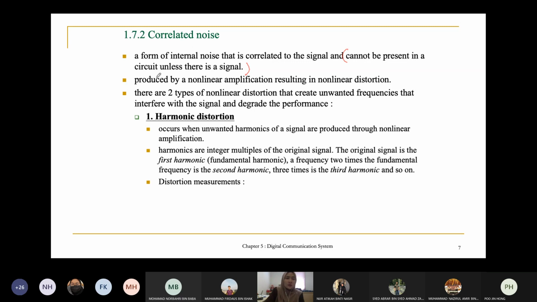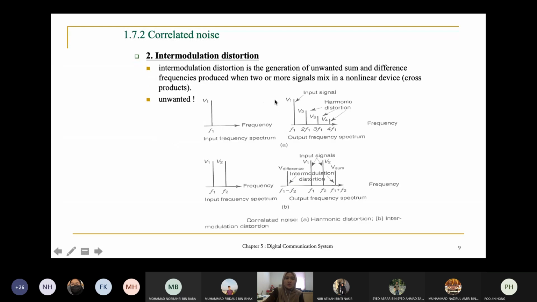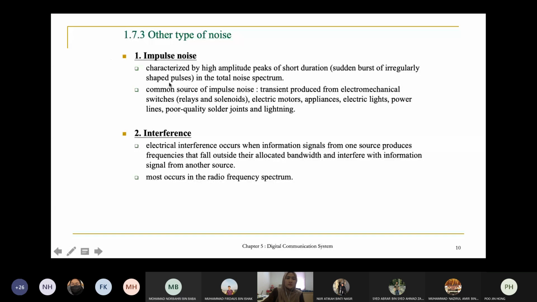Correlated noise is produced by non-linear amplification resulting in non-linear distortion. For correlated noise, we have two types. The first one is harmonic distortion. The second one is intermodulation distortion.